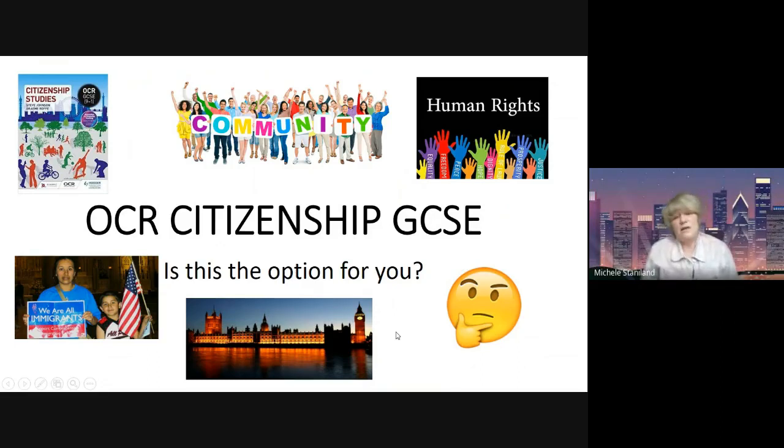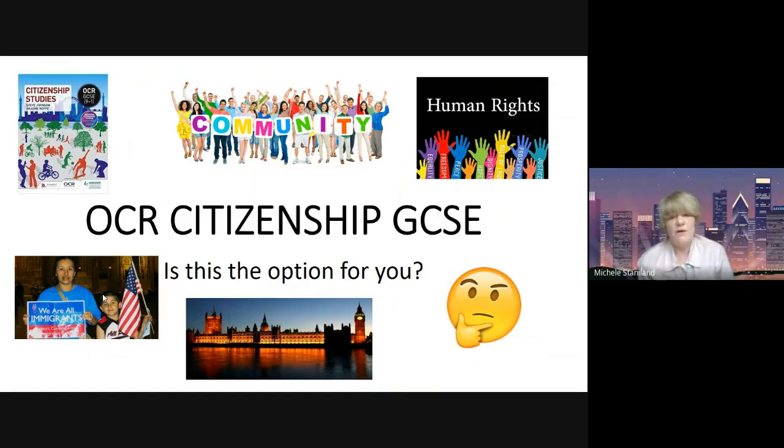Now, I'd say to you that if you know this building and you understand about your human rights and your community and immigration in the UK and beyond, and you're interested in those issues and you want to make a change and you want to have a voice, then I'd say that Citizenship GCSE would be a good choice for you.